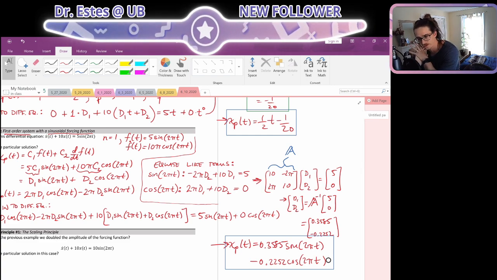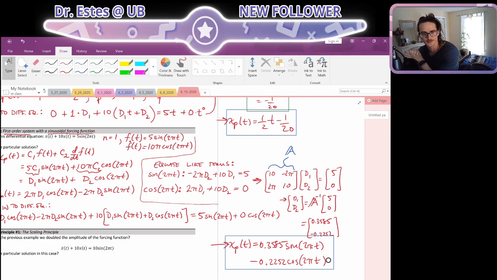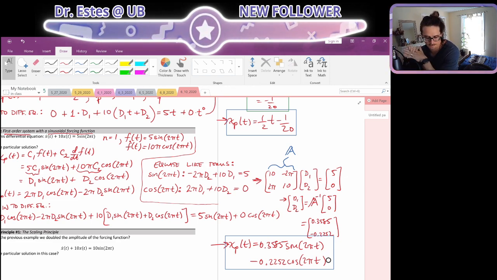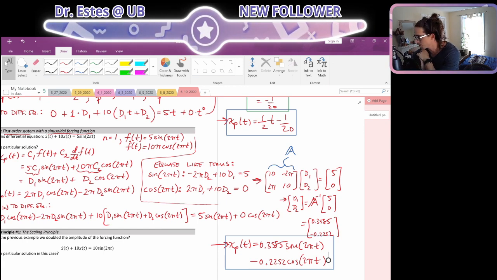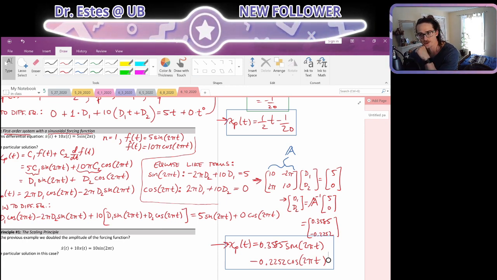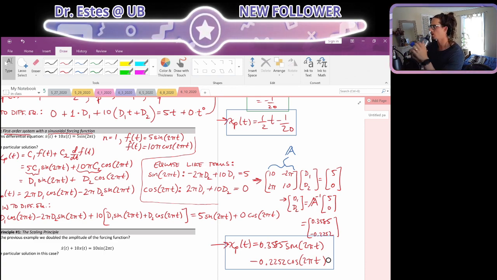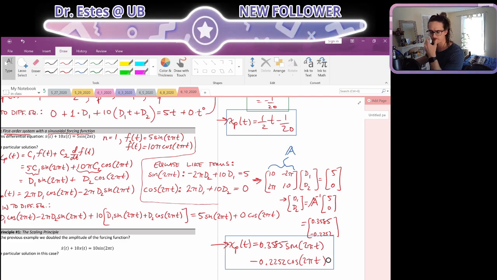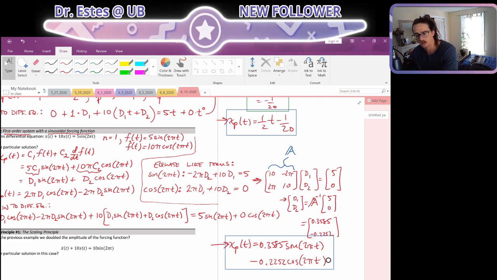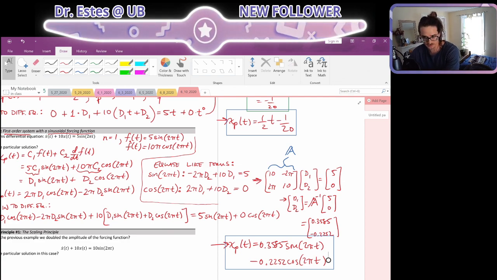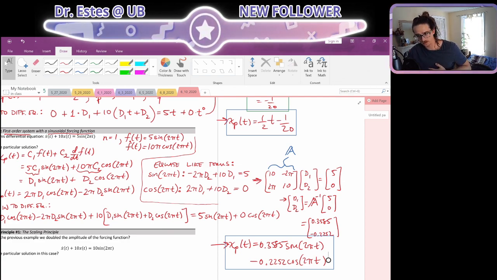Now I want to go back to the first example, but I'm afraid. We know the particular solution can't be 0. Are you guys prepared to confront failure and learn from it?